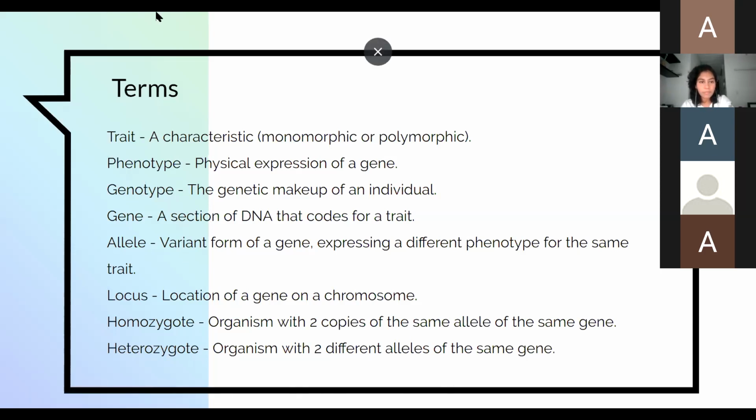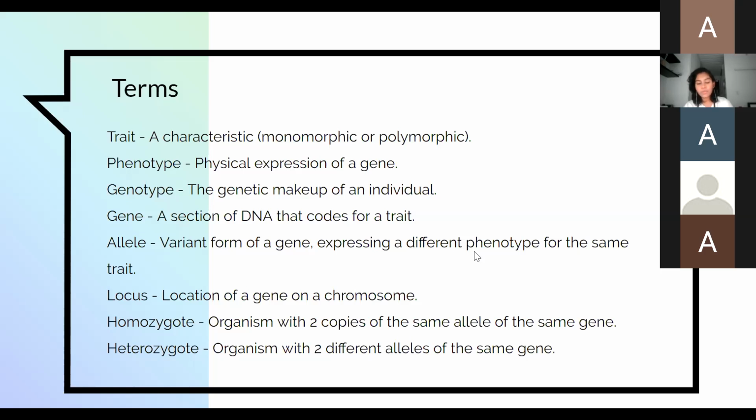So yeah, an allele. An allele is a variant. Oh, sorry, another question. Oh, never mind. No problem, guys. Okay, so where was I? Allele. An allele is a variant form of a gene that expresses a different phenotype for the same trait.